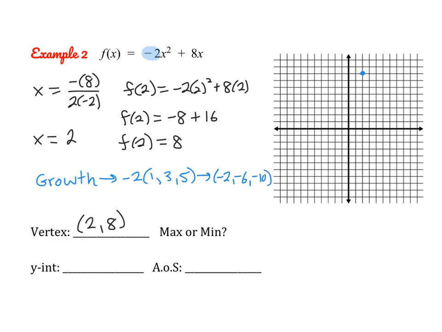From the vertex, since it's negative 2, we go down 2 over 1, then down 6 over 1, and then even down 10 over 1. Then we can simply reflect this onto the other side of our graph, just like this.